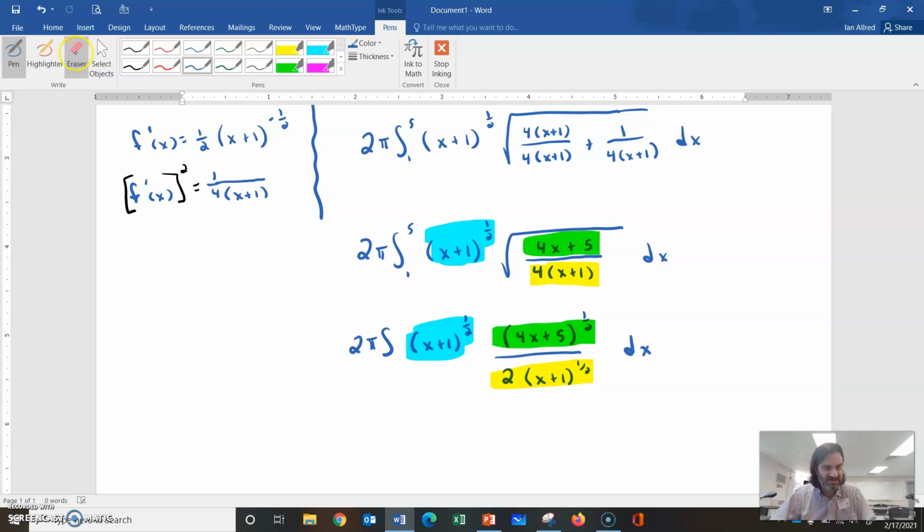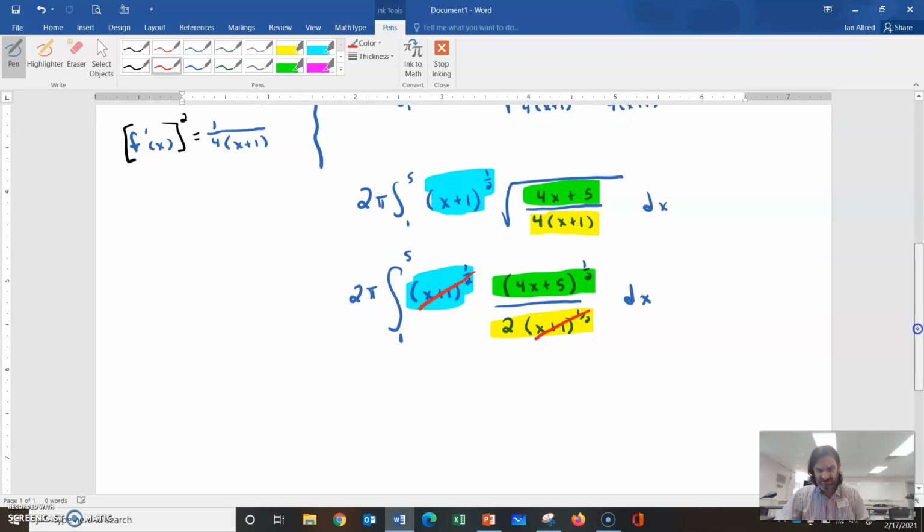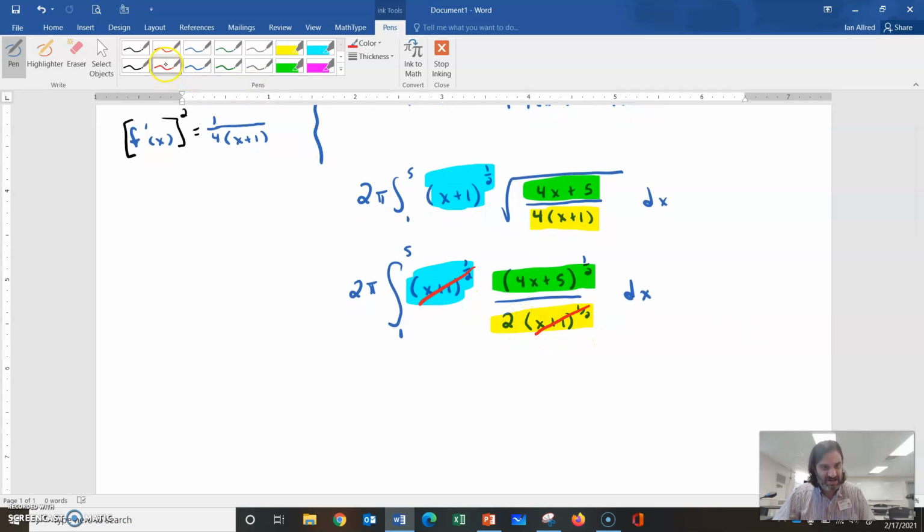Let's make my integration sign look a little bit bigger, since I've rewritten things really large. But at this point, we can cross out this x plus 1 square root in top and bottom. And I can even pull that 2 out front. I'm going to take that 2 that's in front of the integral and the 2 that's in the denominator of this integral and pull it out.